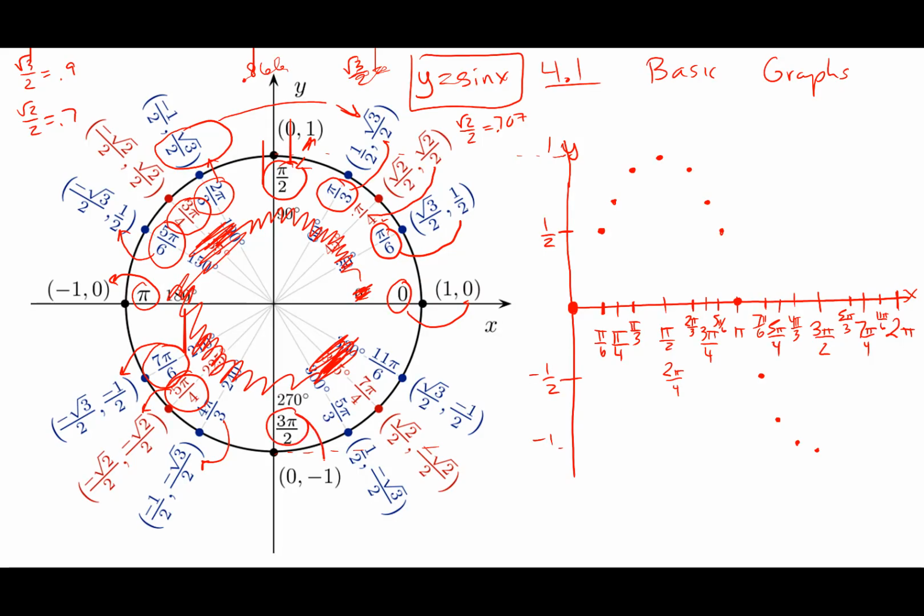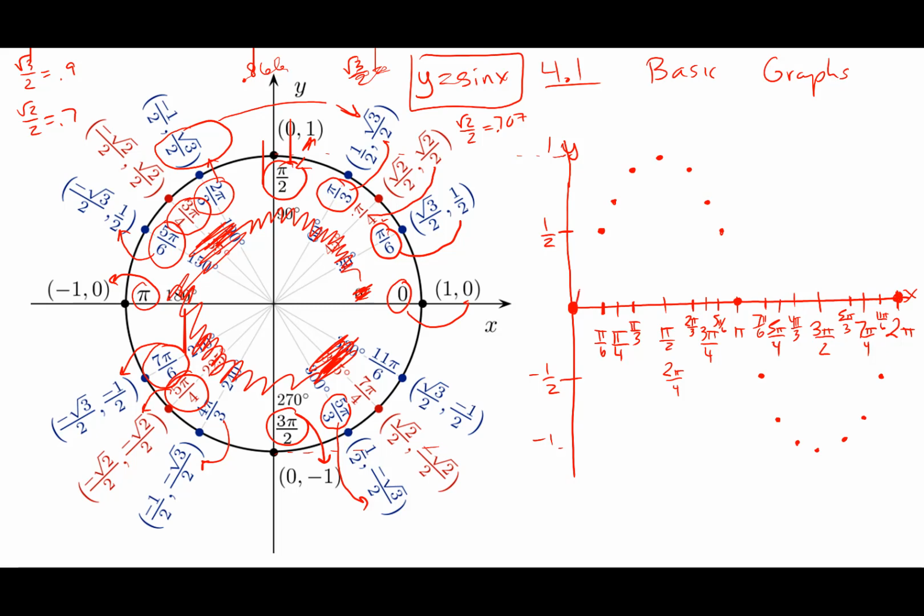Yeah, we hit our negative 1, which is our minimum value. And then it starts climbing back up. At 5 pi over 3, we have a 0.9. Then a 0.7, then a 0.5, and then at 2 pi, it's 0 again.